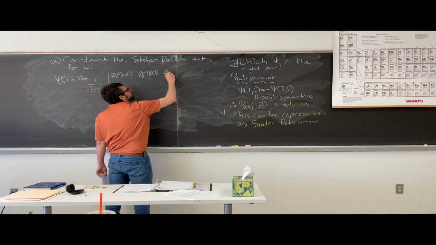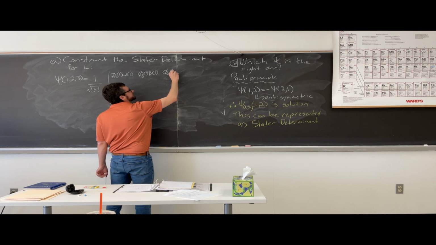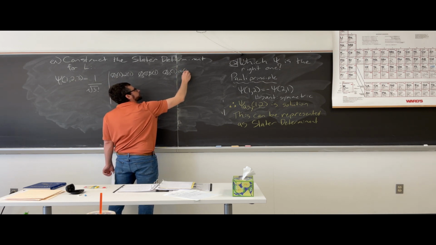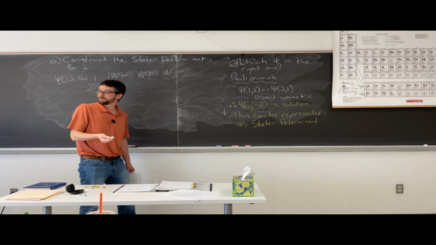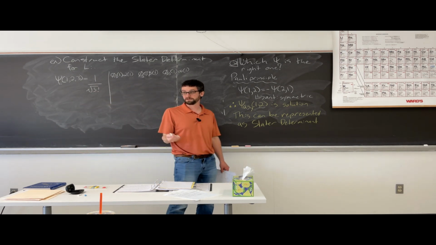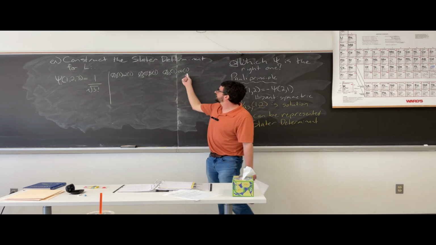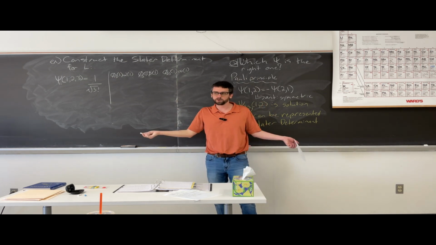Yep. Because we've filled that 1s. What numbers are going in here? And then what about spin orbital? Yep. Does it really matter? No. So if you put beta in here instead, works out to be the same.